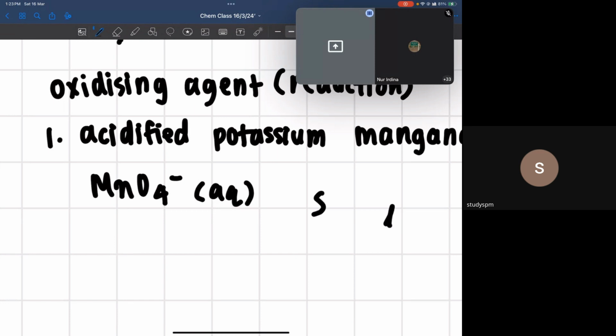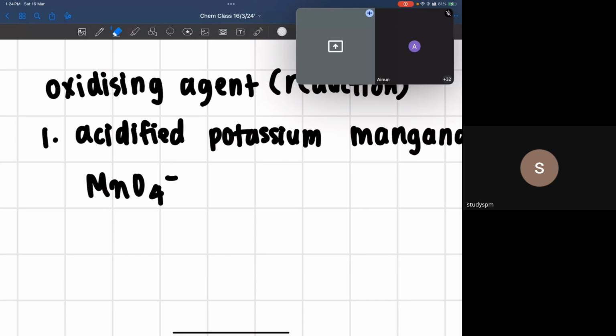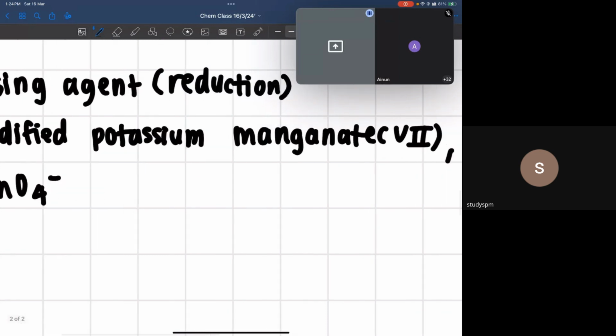You don't need to write physical state. You won't get penalized. So if you think it's very hard for you, better don't write. If you're wrong, you won't get marked. So better don't write the physical state, okay? The textbook stated you don't need to follow 100% for the physical state. No need to write. Just don't write.